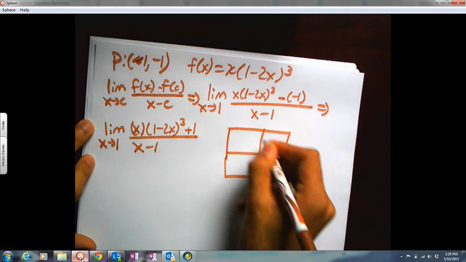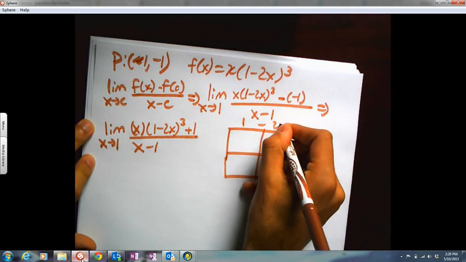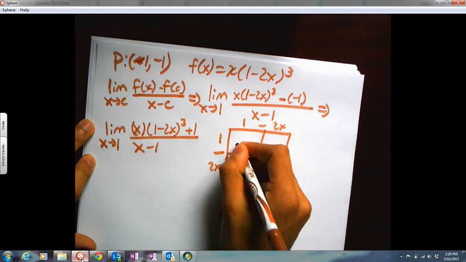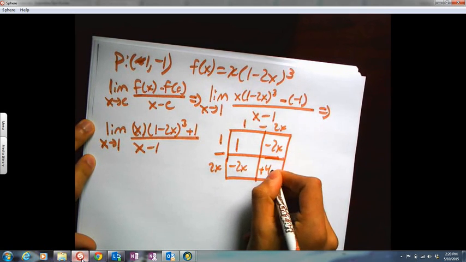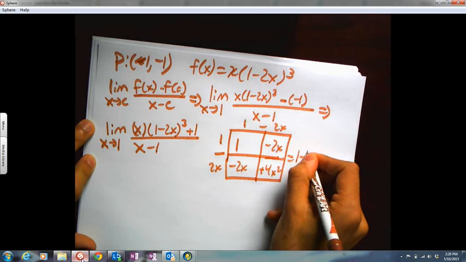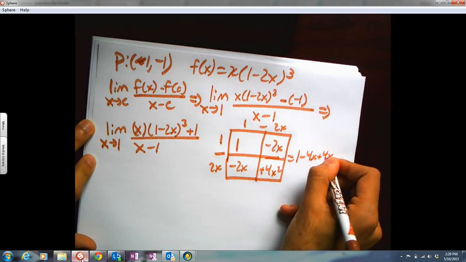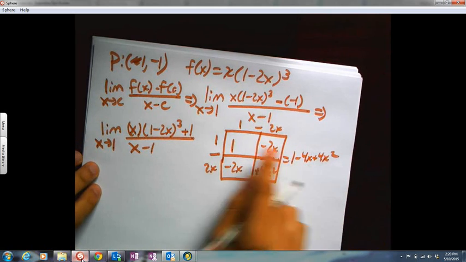Focus on this with the box. We have 1 minus 2x times 1 minus 2x. You get 1 minus 2x minus 2x plus 4x squared. This is equal to 1 minus 4x plus 4x squared. Now we have to do this times 1 minus 2x again.